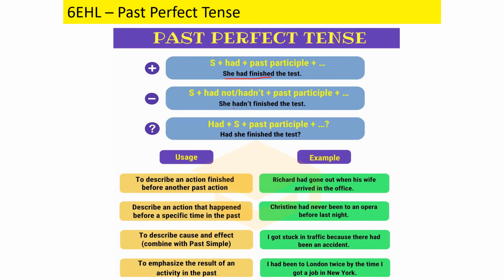And here's our negative, had not or hadn't finished. And here's our question, had she finished? So the had just moves in front of the subject there. She is the subject. It just moves in front of the subject there. Okay, so quite simple. And you use the same past participle that you use in the other tenses. So in future perfect, you also use finished. In present perfect, you also use finished.